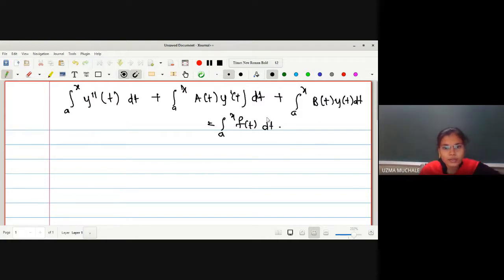Correct. So just the first integration we have applied. After that, what we have to do? It is nothing but y dash of t within the limits a to x.